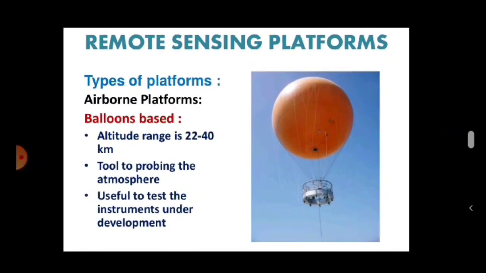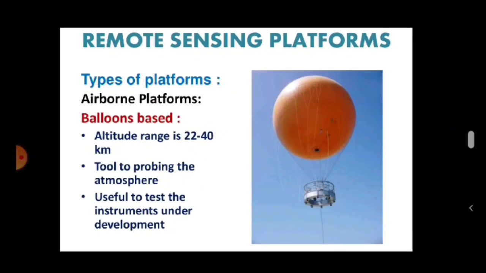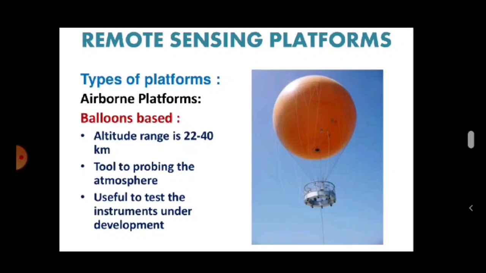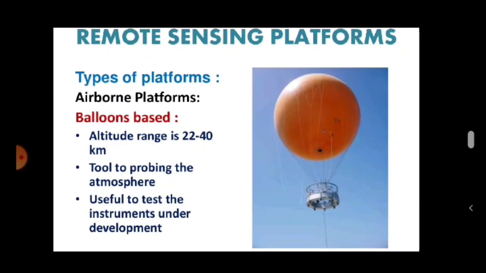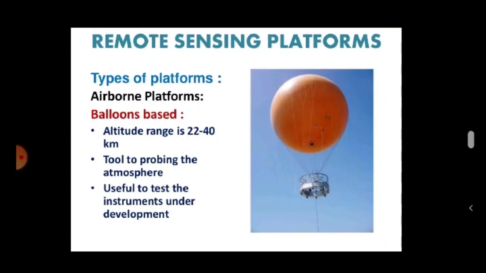And it comes to airborne platforms, which act at an altitude of roughly 22 to 40 kilometers. These are tools, for example balloons, which can be defined as a tool for probing the atmosphere. And these are also useful to test instrument development. When test runs happen, these are used.